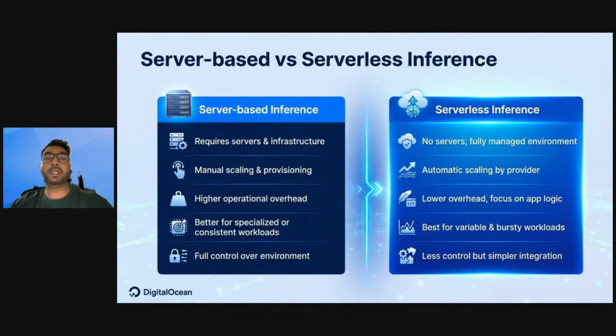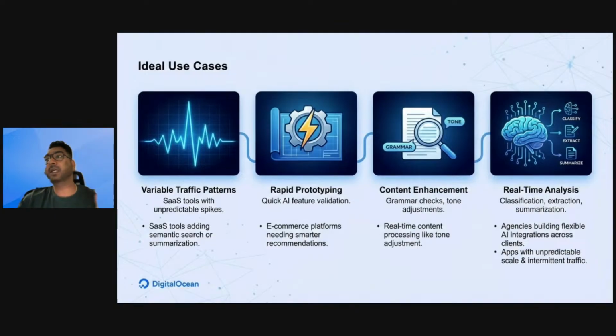The operational simplicity that you get with serverless inference makes it easier to enter into AI adoption, which is very valuable for startups, rapid prototyping phases, or organizations without a dedicated machine learning operations team. It's also ideal for companies that prefer to allocate their engineering resources towards building AI applications rather than investing in specialized infrastructure management capabilities. Okay, so that is about it.